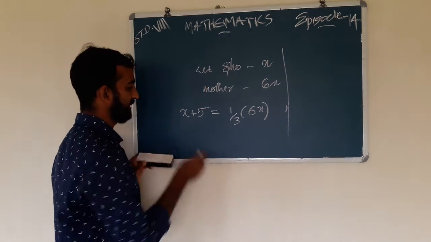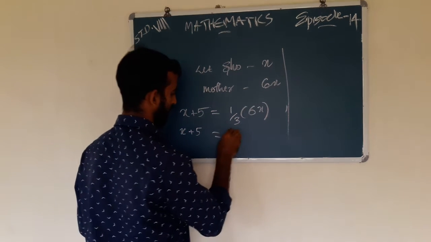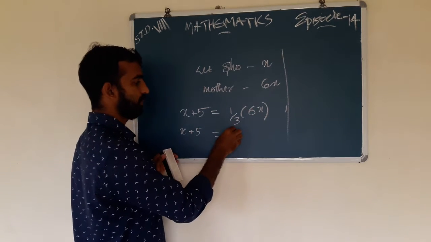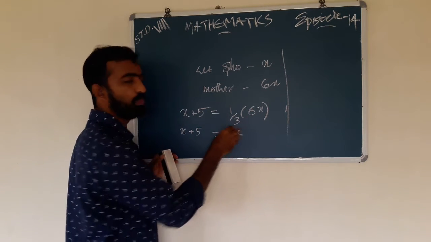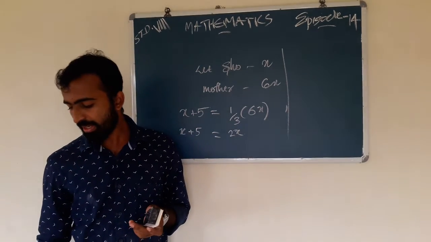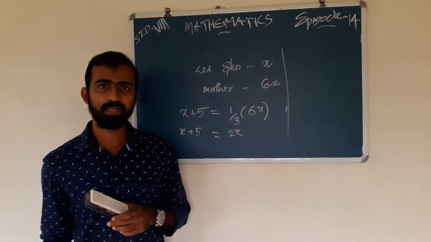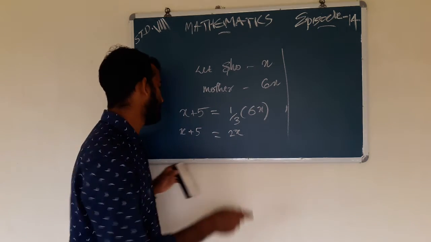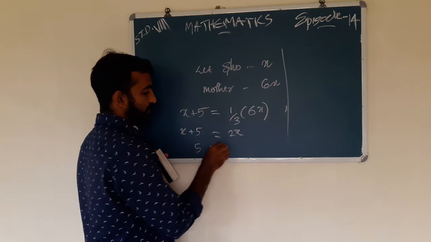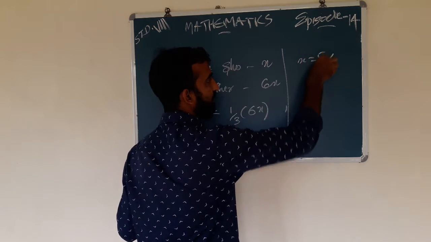So we rewrite: x plus 5 equal to 2x. Can we write like this? Yes. Then 5 equal to 2x minus x, that is x equal to 5.